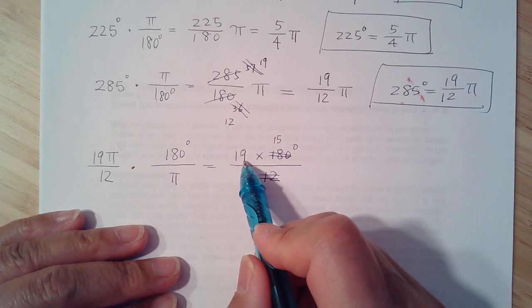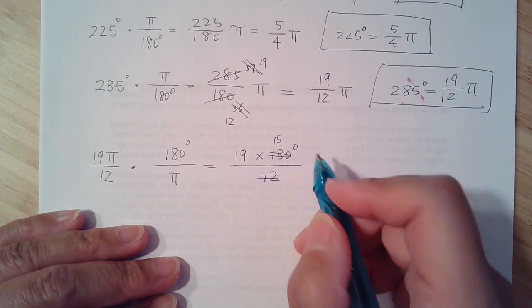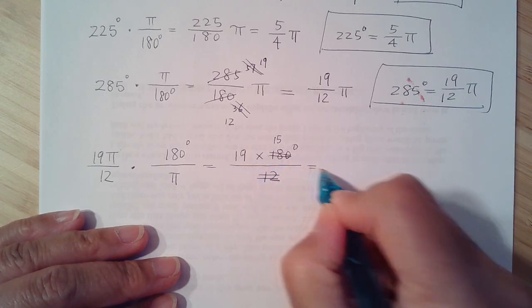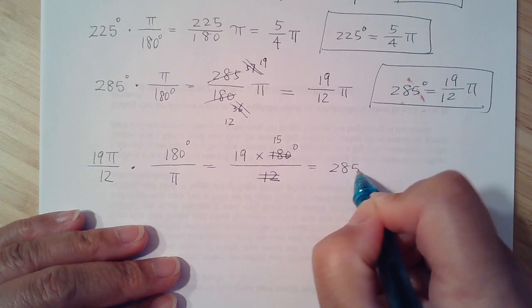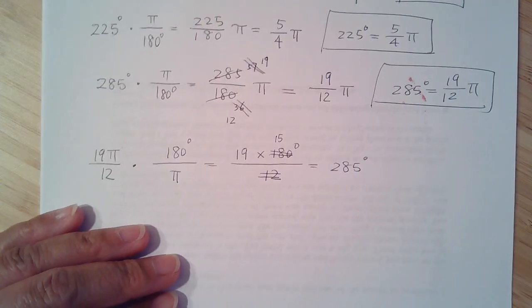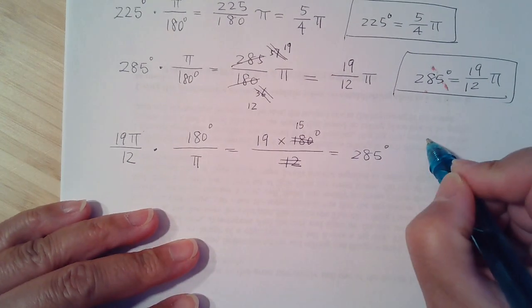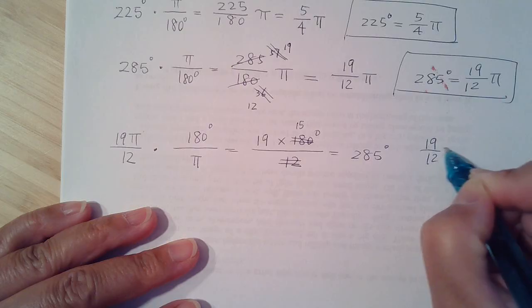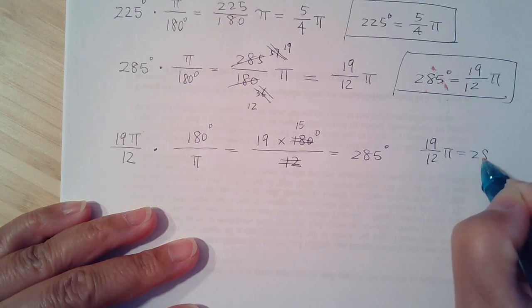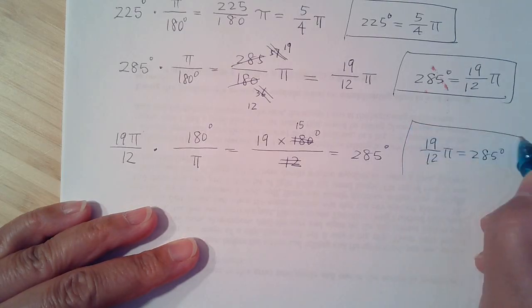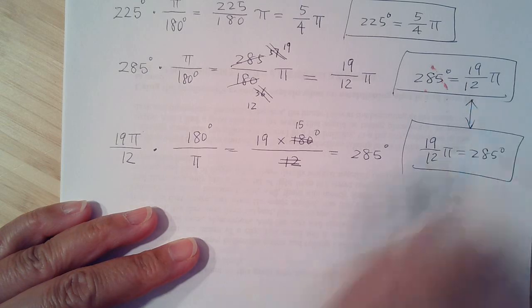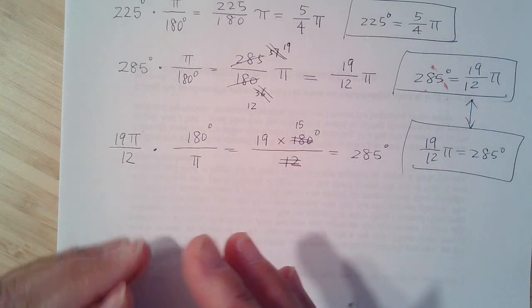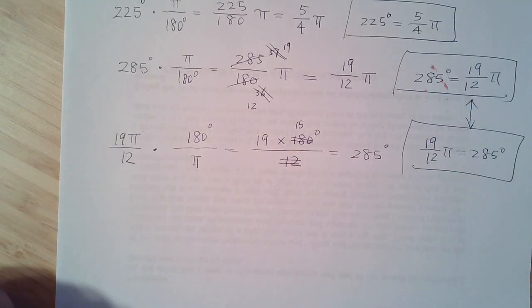And then 15 times 19 is going to be 285. And don't forget, you have this degree there. Therefore, you get 19 over 12 pi equals 285 degree. Now, did you see that these two are the same, right? So you know how to do the conversion forward and backward, from degree to radian, from radian to degree.